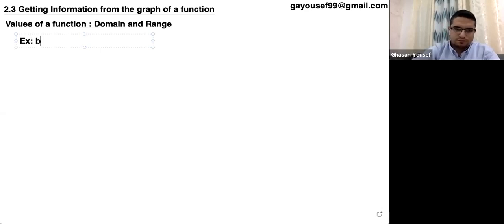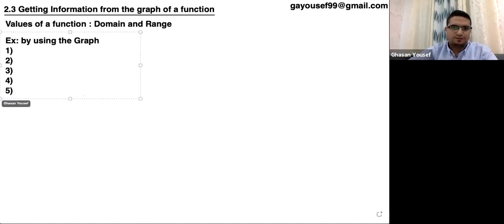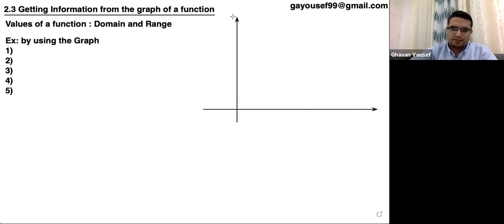by using the graph, we have questions number 1, 2, 3, 4, and 5. So let me first graph the function. Suppose that this is my x-axis, and suppose this is my y-axis.